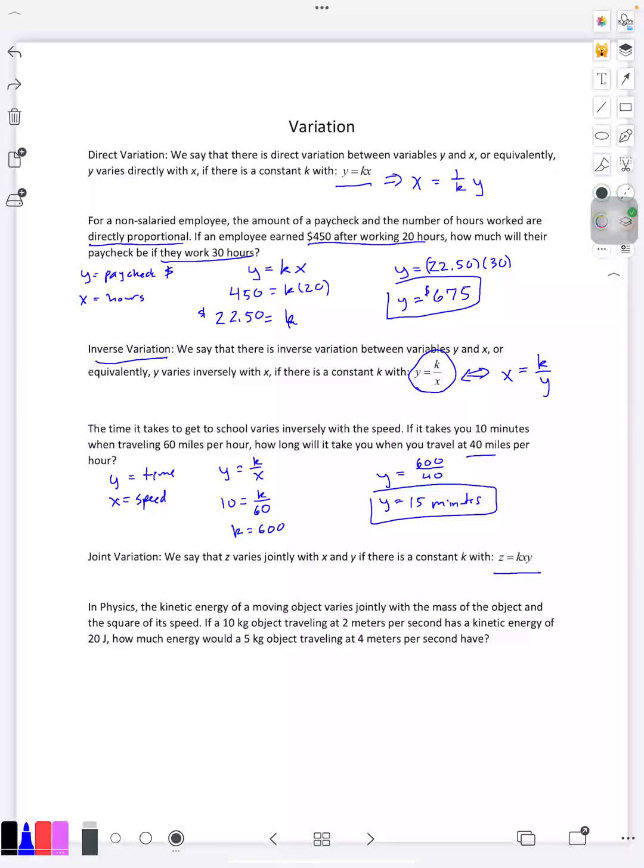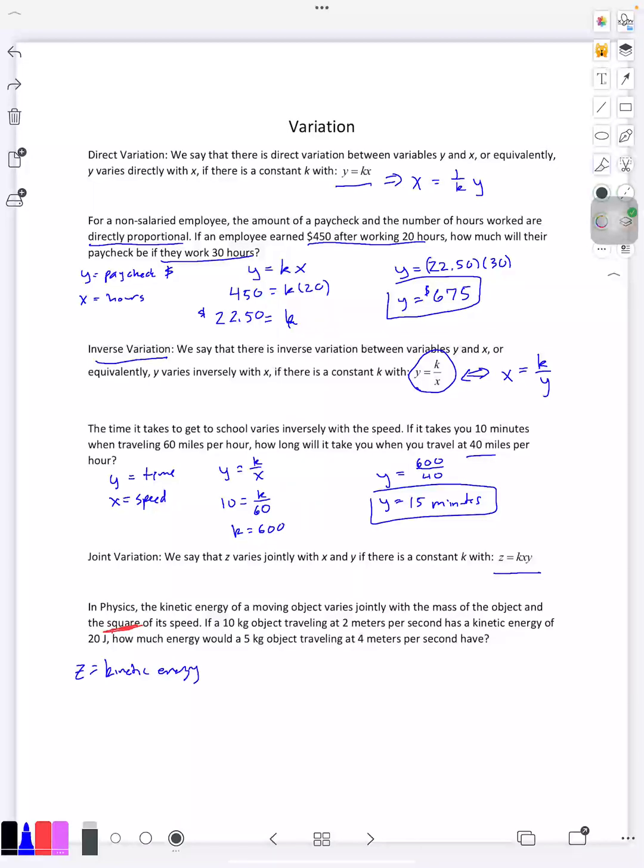Now for the example, in physics, the kinetic energy of a moving object varies jointly with the mass of the object and the square of its speed. I want to point this out here, it's very important. We're not just going to have speed as our variable, we're going to have the square of the speed as the variable here. So for my equation, z is going to be the output, that's going to be the kinetic energy.